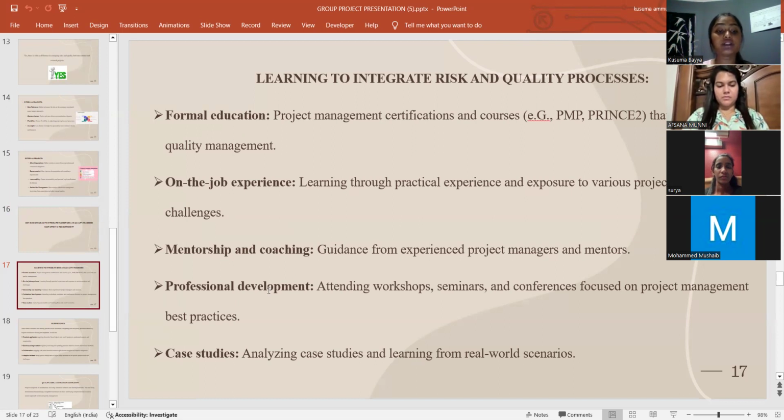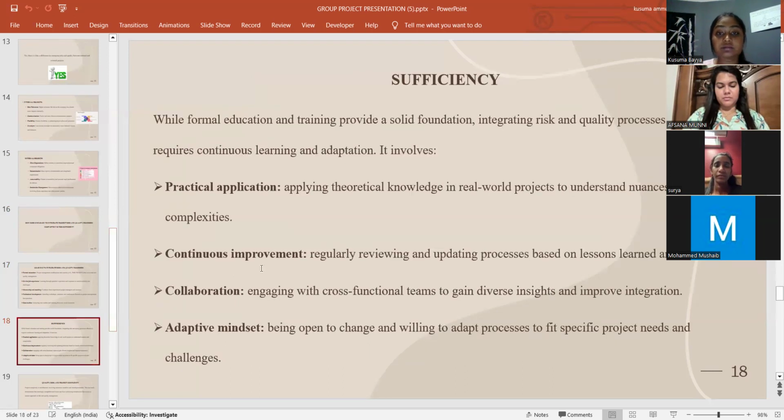The next one is professional development, attending workshops, seminars and conferences focused on project management and best practices. The next one is case studies, analyzing case studies and learning from real world scenarios.